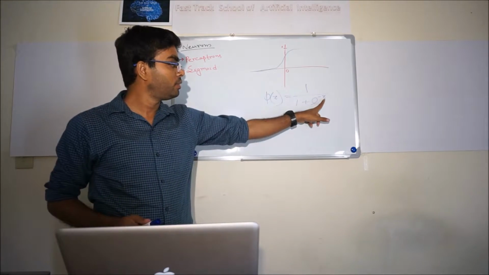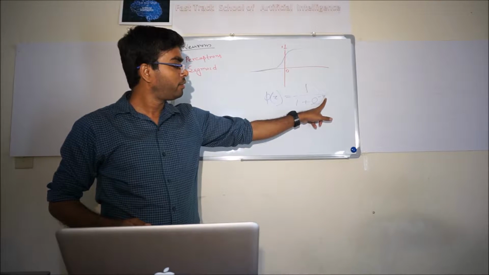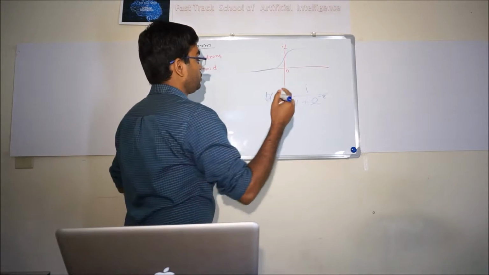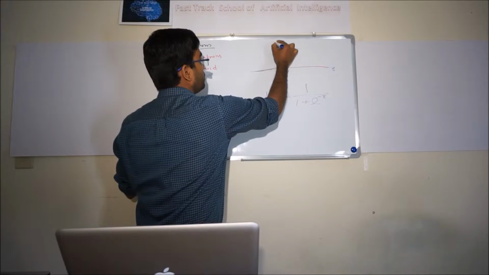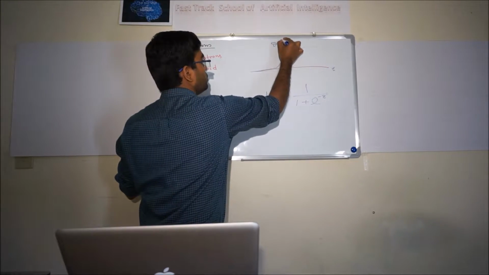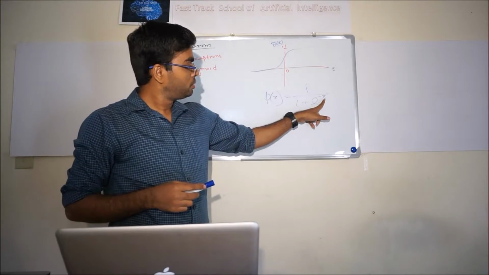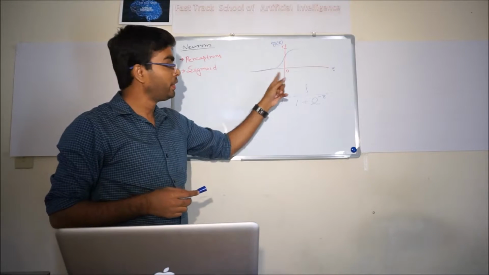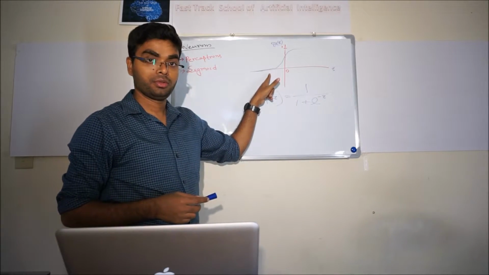Just to be sure, this is z, this is phi of z. If the value of z goes to a bigger negative, the value of this whole function will be 0.